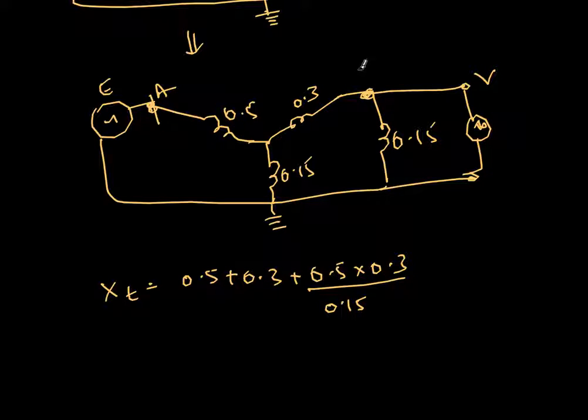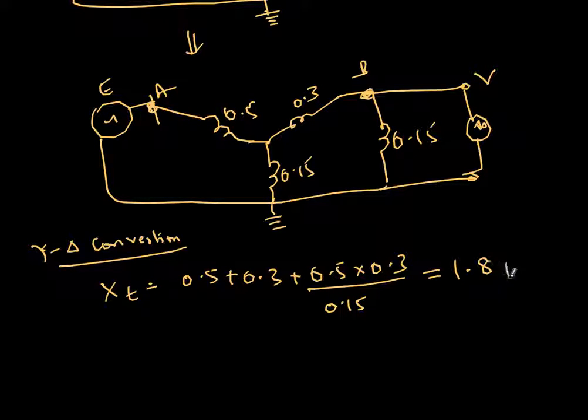If I say A and B, then between A and B, this will be the match. So this is basically star to delta conversion. So this value, 0.5 plus 0.3 plus 0.5 times 0.3 by 0.15, turns out to be 1.8 per unit.